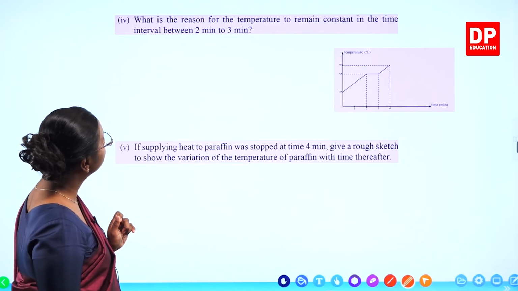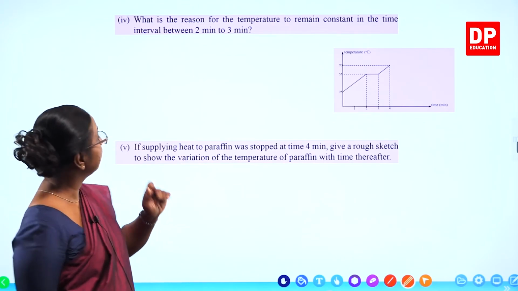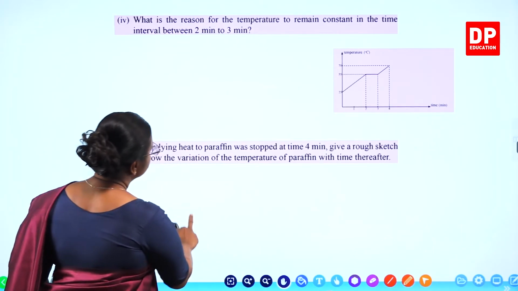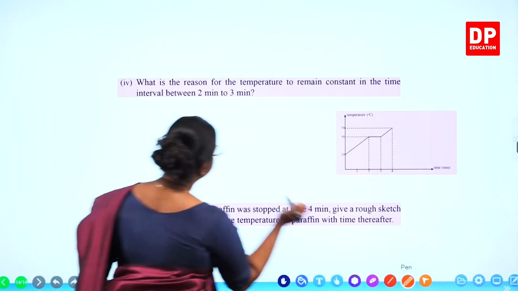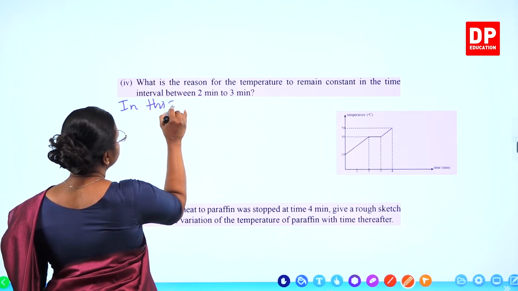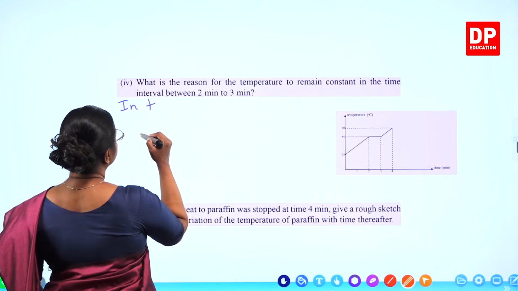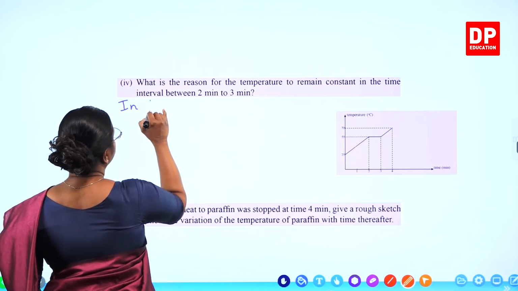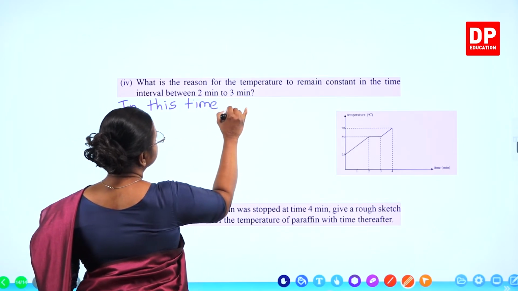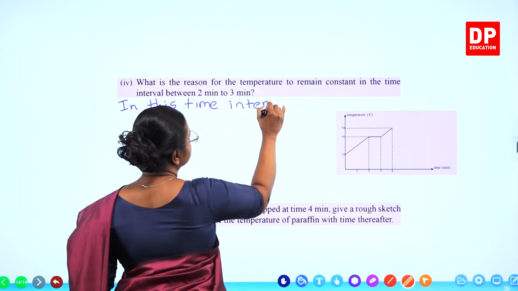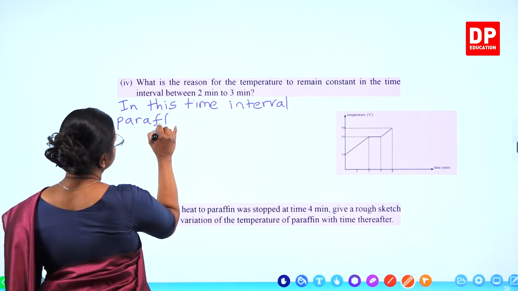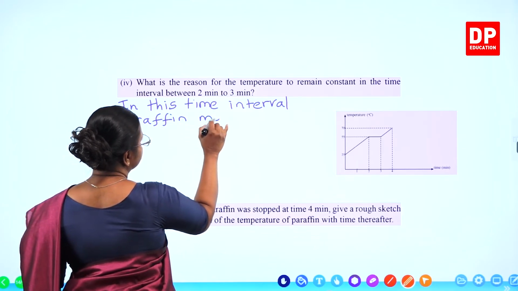What is the reason for the temperature to remain constant in the time interval between 2 minutes to 3 minutes? So what will you write there? In this time interval, paraffin melts.